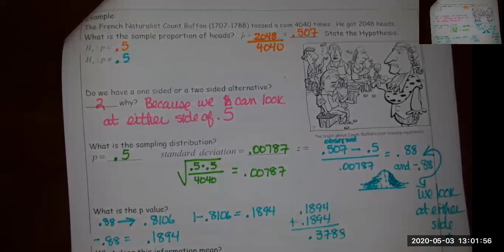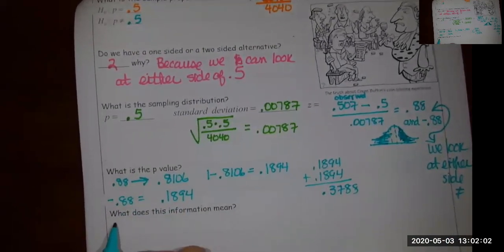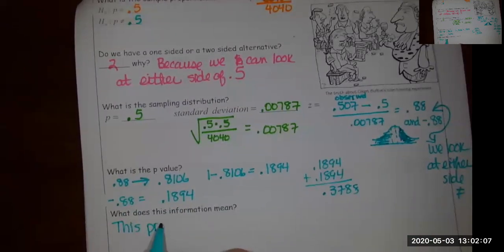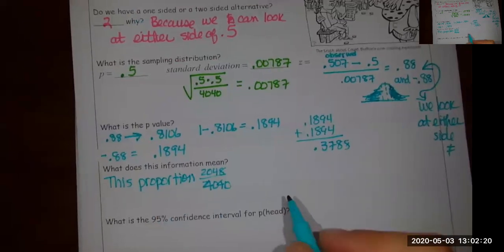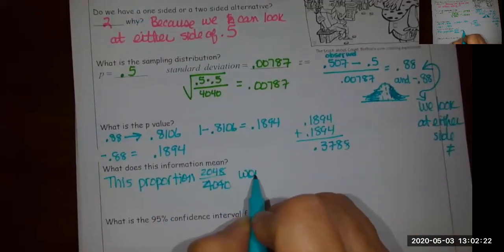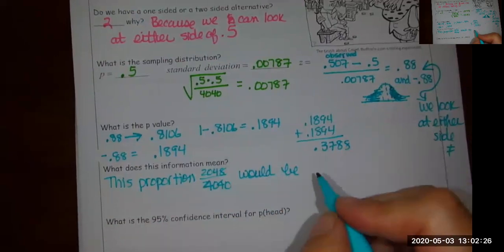So what does that even mean? What is this talking about? This means that this proportion of 2048 out of 4040, right, would be expected. And remember, this is kind of one of your scripted sentences.